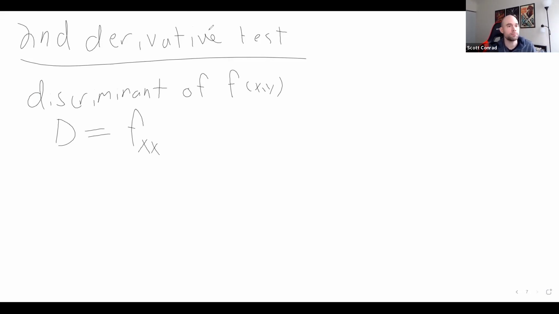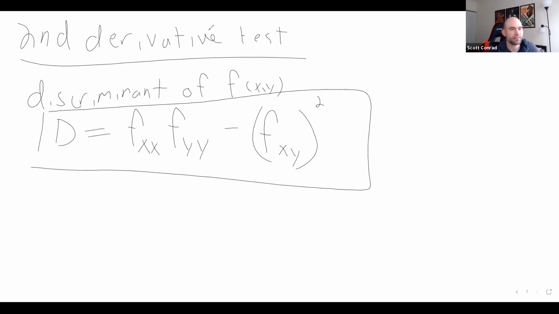So it's going to be f sub xx times f sub yy, both partials involving the same variable, minus the mixed partial squared, f sub xy squared. This is the guy we're going to be looking at.